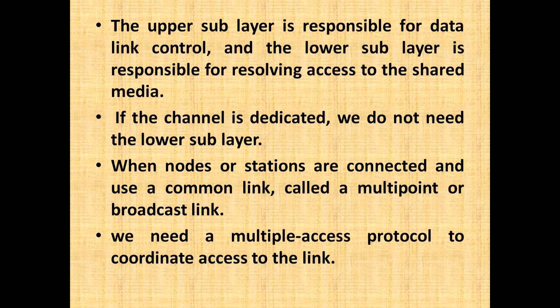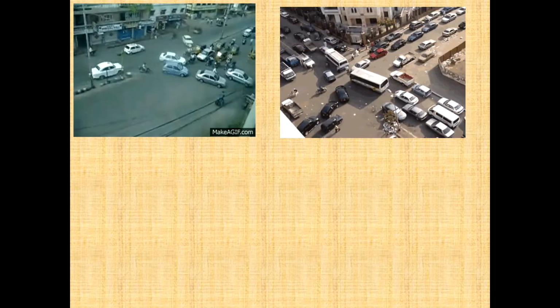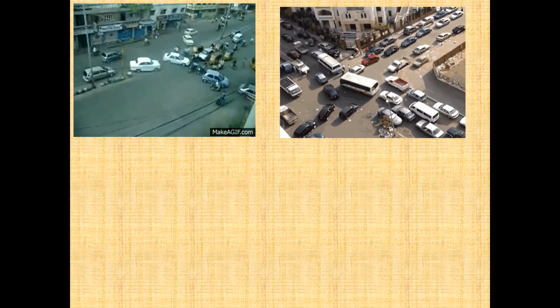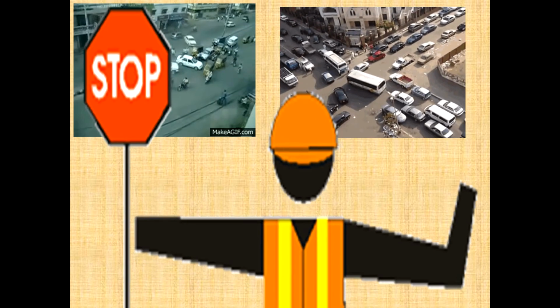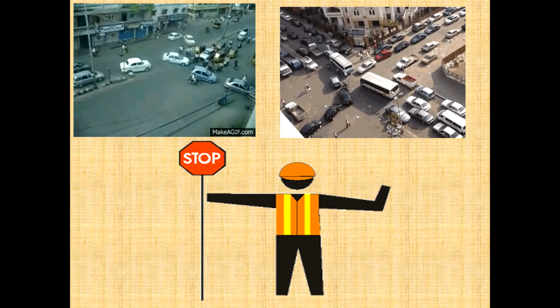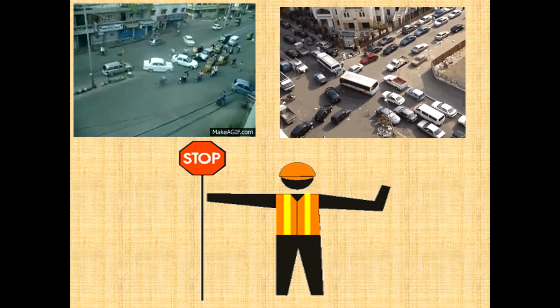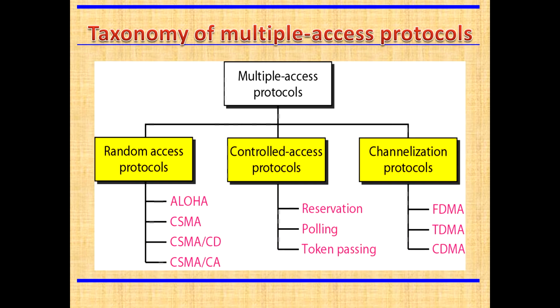For example, if there is no traffic signal, the traffic is jammed and there is also a chance of accidents. To stop the collision, we need some multiple access protocols. The taxonomy of multiple access protocols has three types: random access protocols, controlled access protocols, and channelization protocols.